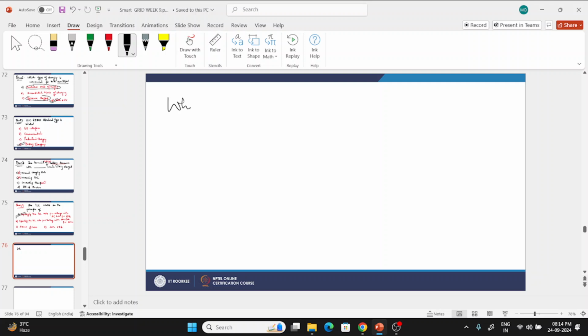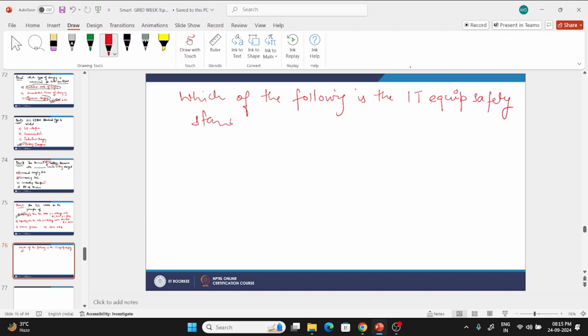Okay. ये आखिरी क्वेश्चन है. फिर इसके बाद हम, okay, which of the following is the IT equipment safety standard?